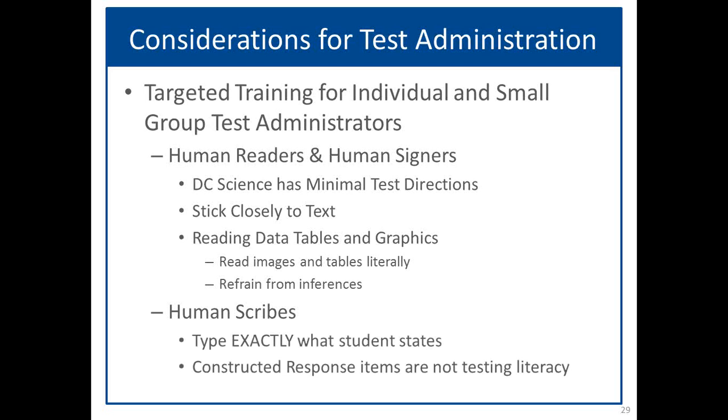Human scribes, very similarly, should type exactly what a student states, and this assessment is not assessing literacy skills, so it's imperative that the human scribe doesn't try to correct or change students' text, but types exactly what the student states. And also, keeping in mind, as I mentioned a moment ago, that constructed response items are not testing literacy.